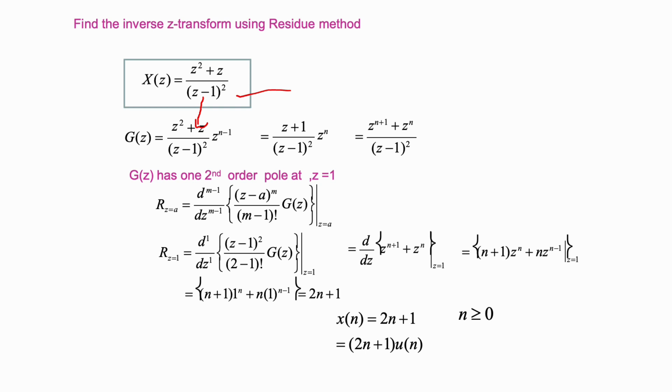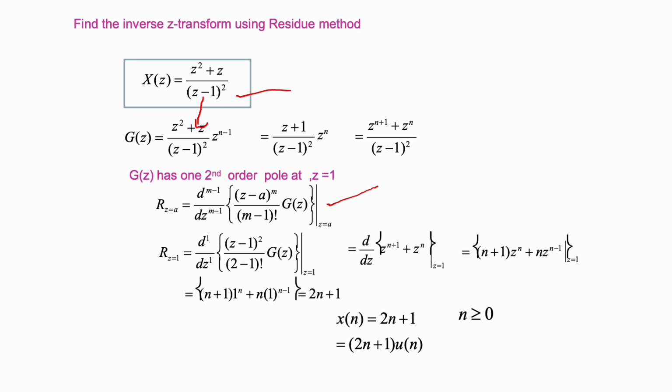The pole is z equal to 1, but here we have a multiple pole. We already saw the formula in the first slide. So what is the order of the pole? 2. Now the formula is written here.